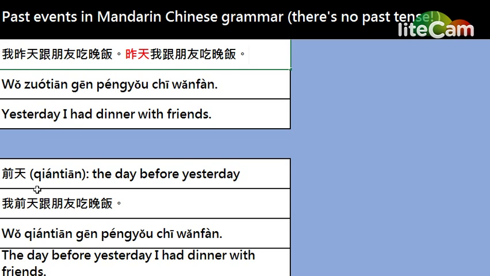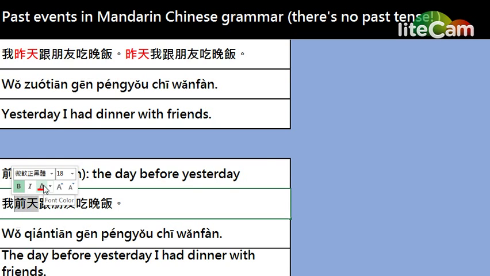Let's have a look at the second example. 前天我跟朋友吃饭. As you can see, it is exactly the same as the sentence with 昨天. You can see 我昨天跟朋友吃饭, 我前天跟朋友吃饭.